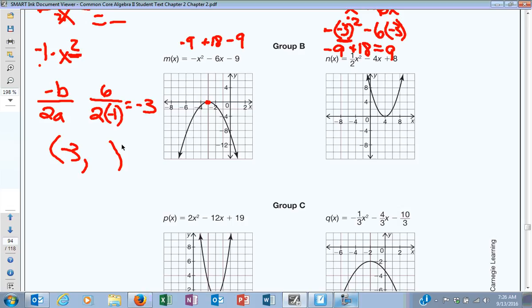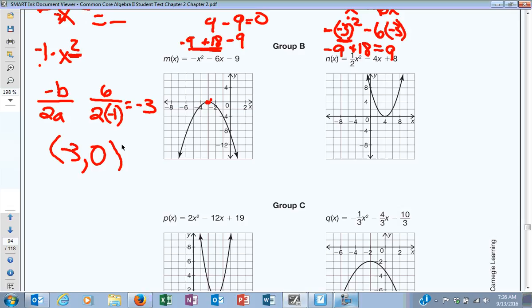Sorry. So negative 9 plus 18 would be what? Positive 9. 9 minus 9 would be? Isn't that what we thought was going to happen? Yeah. And doesn't that back up what we thought? Yeah. Looking at the graph.